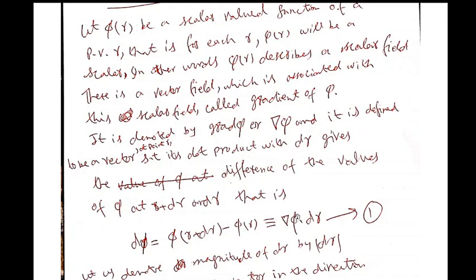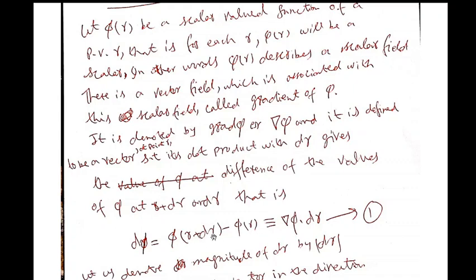It says that gradient of scalar function phi at any point r is a vector in such a way that when we take its dot product with this dr, it will give us the difference of the value of phi at 2 neighboring points, r plus dr and r.